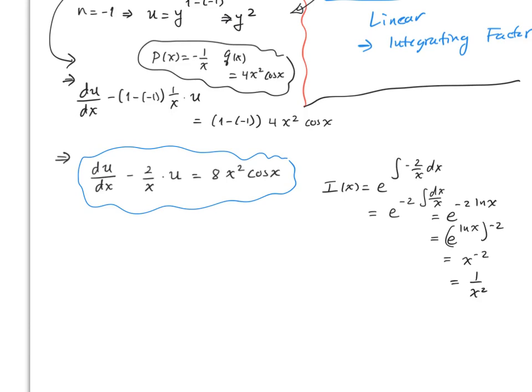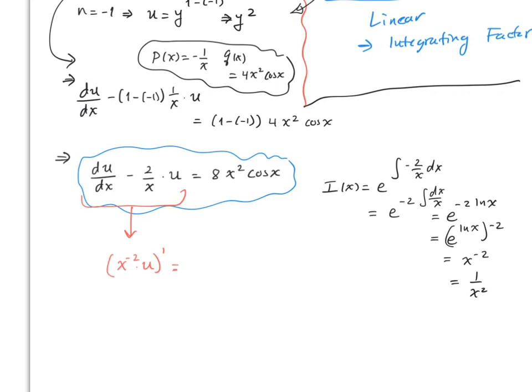Okay. So we did this before. Remember, all of this is going to be the integrating factor, which is x to the -2 times u prime. This is identical to what we did in the last class.